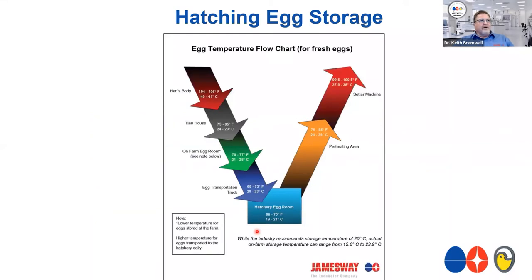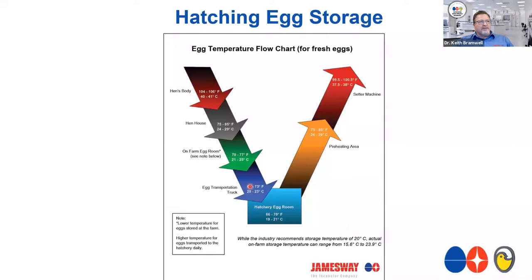And in our storage, just real quick, we always look at our storage parameters, because I've just mentioned long-term storage and reducing stress in that developing embryo. Eggs are exposed to temperatures such as what we see here in the hen's body, then the hen house, the on-farm egg room, the egg truck, and the egg room.